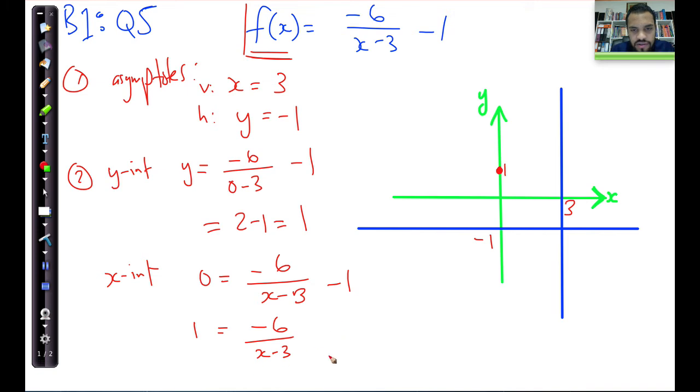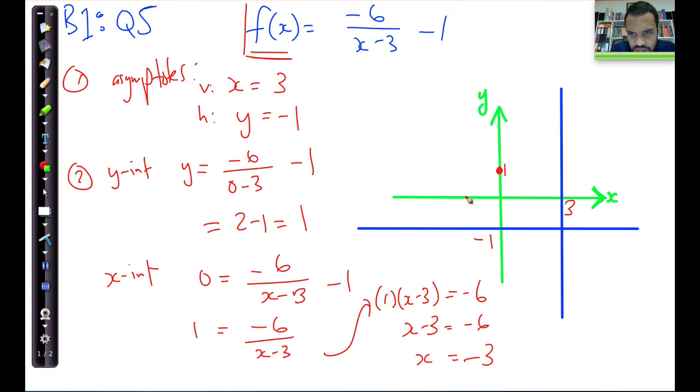If I continue working this out over here, I'll get 1 multiplied by x minus 3, because I'm multiplying both sides by x minus 3, is equal to -6, which is simply x minus 3 equals -6, therefore x is equal to -3. Right? So x-intercept, if that is 1, that's 1, 2, 3, that's my -3 over there.